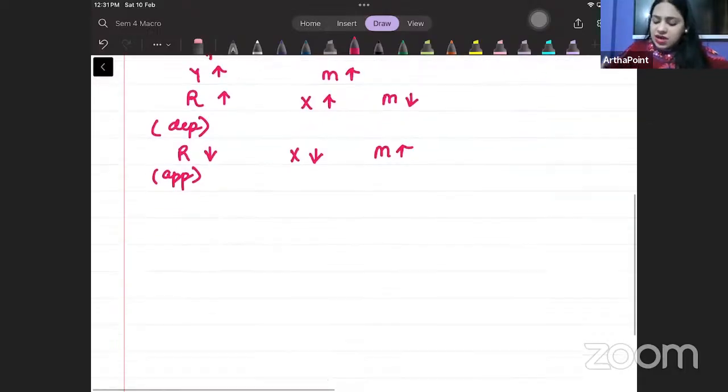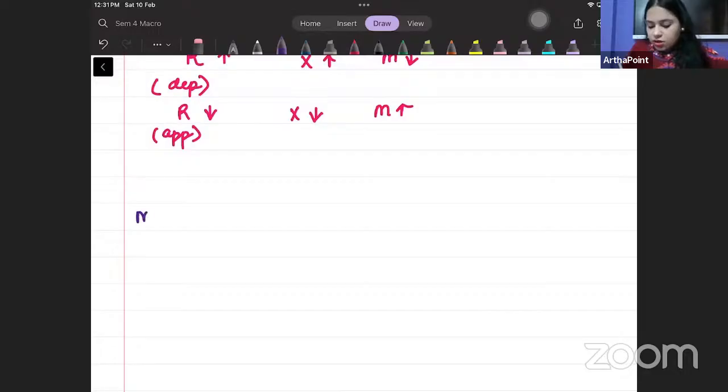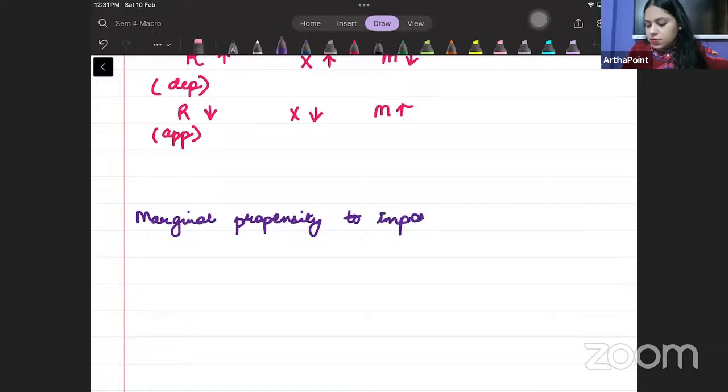Today, let us start by understanding what marginal propensity to import is.